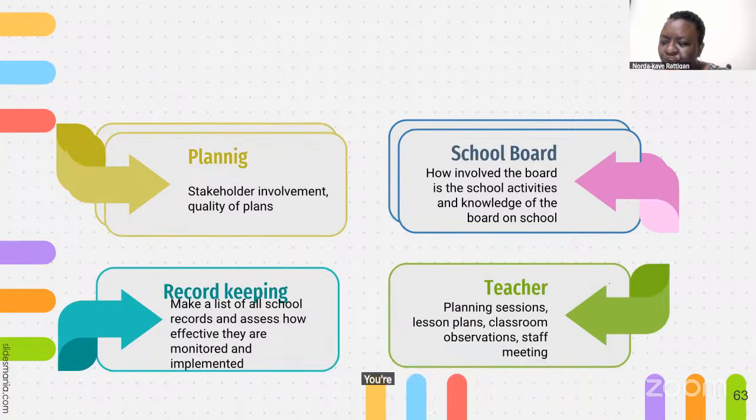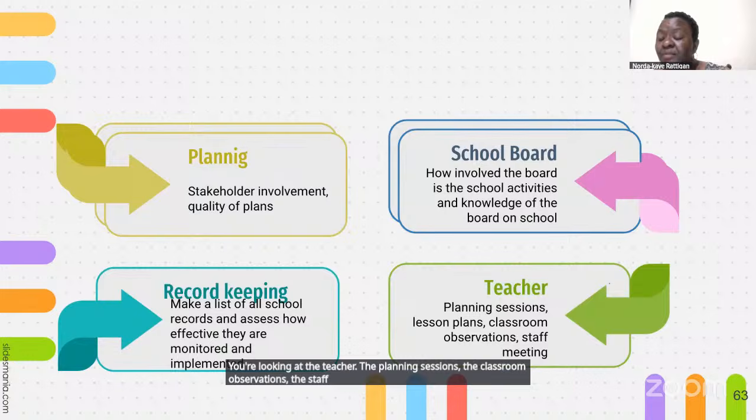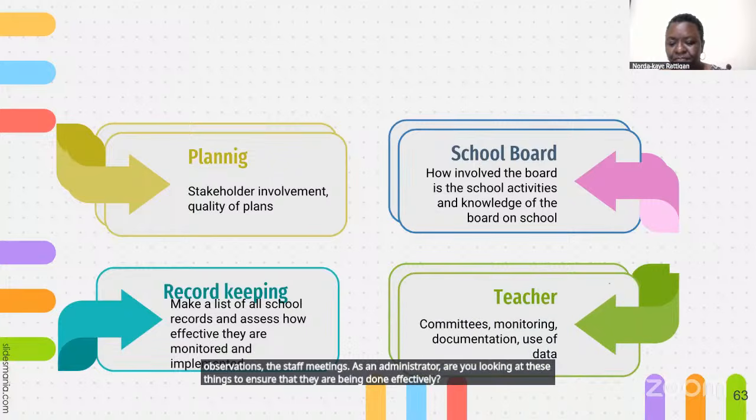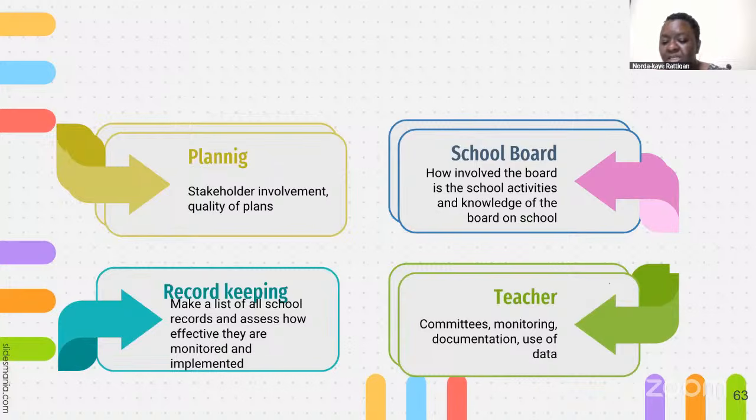You're looking at the teacher planning sessions, the classroom observation, the staff meetings. As an administrator, are you looking at these things to ensure that they are being done effectively? The different committees, the documentation, and the use of the data.